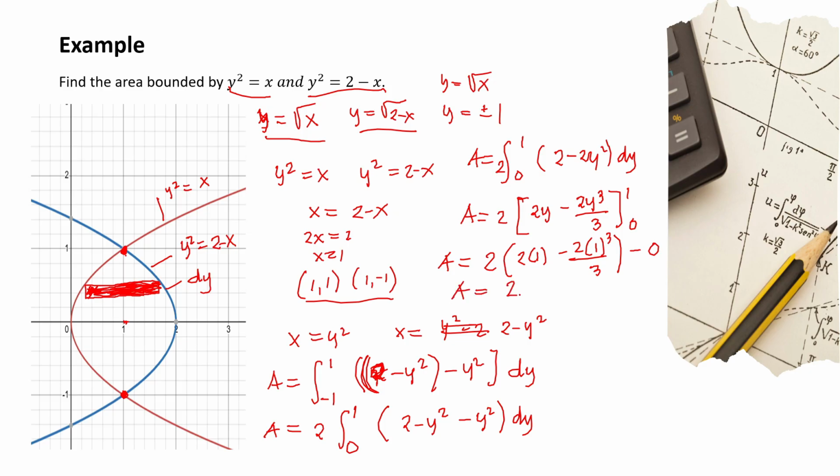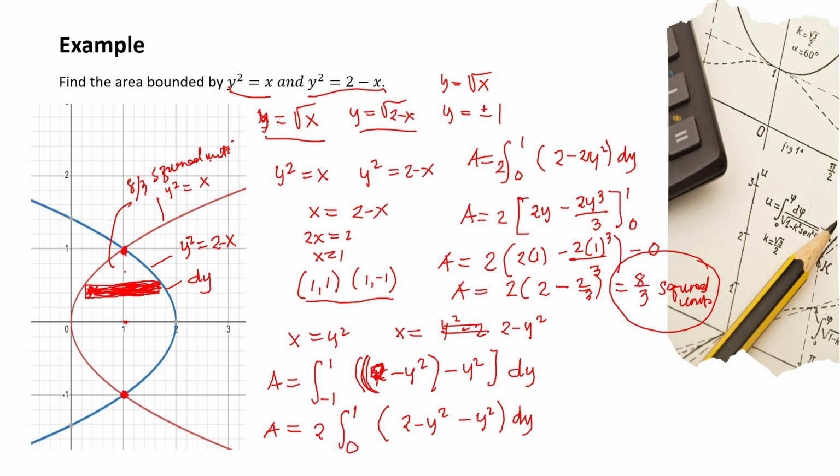So area is equal to 2 times 2 minus 2 thirds. So 2 minus 2 thirds is 4 over 3, times 2, that is equal to 8 over 3 square units. So the area of this bounded region is 8 over 3 square units.